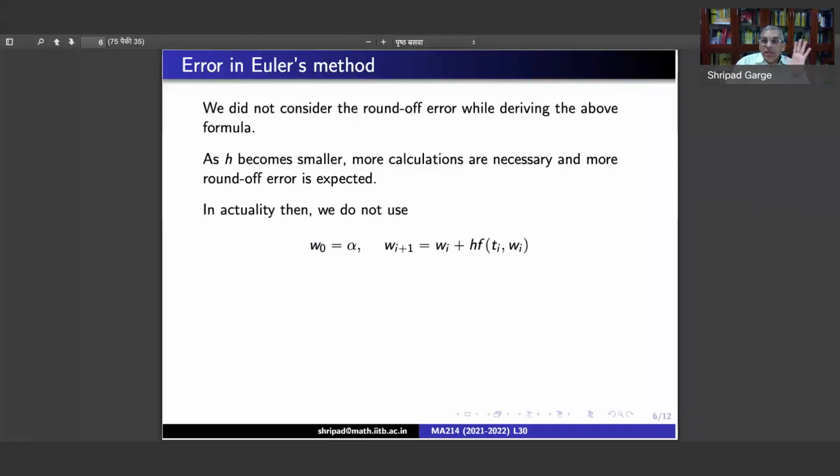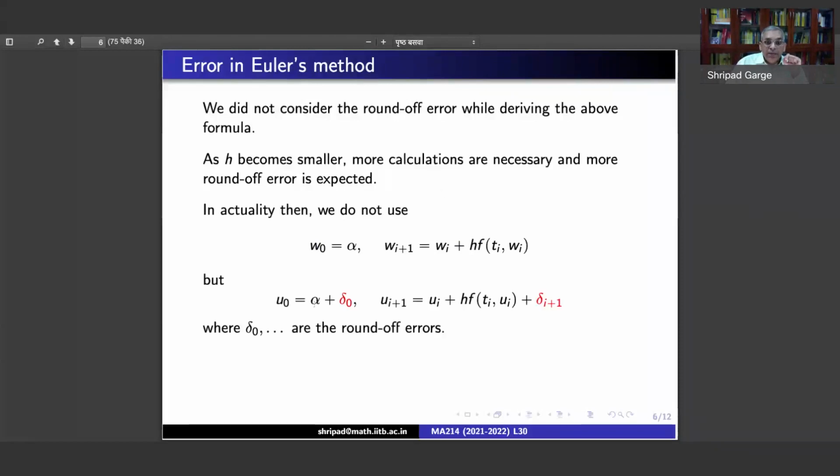So what we are actually going to do is to not have w naught equal to alpha and w i plus 1 equal to w i plus h f of t i, w i. What we will be doing in practice is that this alpha is being added by some delta naught, and instead of w i plus 1, we will have u i plus 1, where the round off error delta i plus 1 will be added at each step.